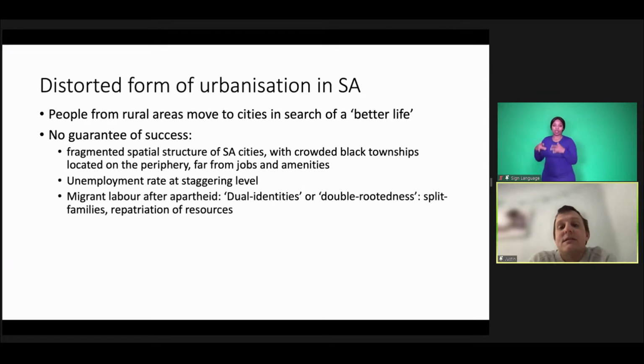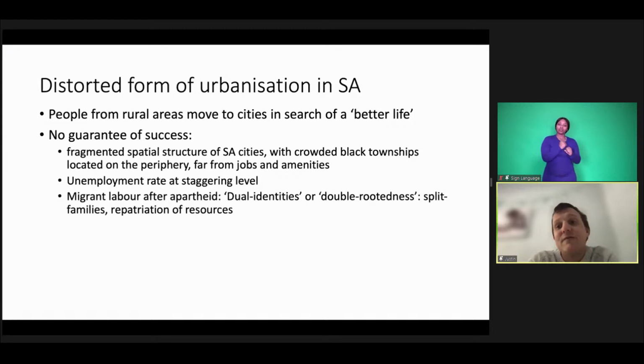The fragmented spatial structure of our cities means that people might move into a city but be kept on the peripheries, far away from where the opportunities really are, towards the core of the urban areas. These are crowded places, often having to stay in an informal settlement or in a backyard shack, far away from the jobs, opportunities and basic services that they might want to access.